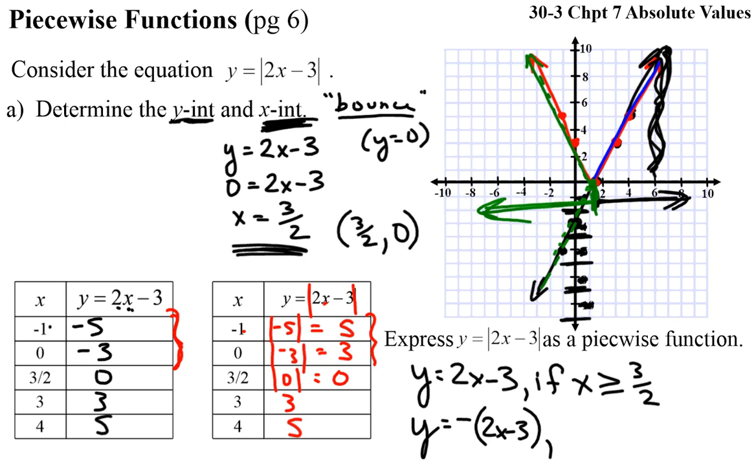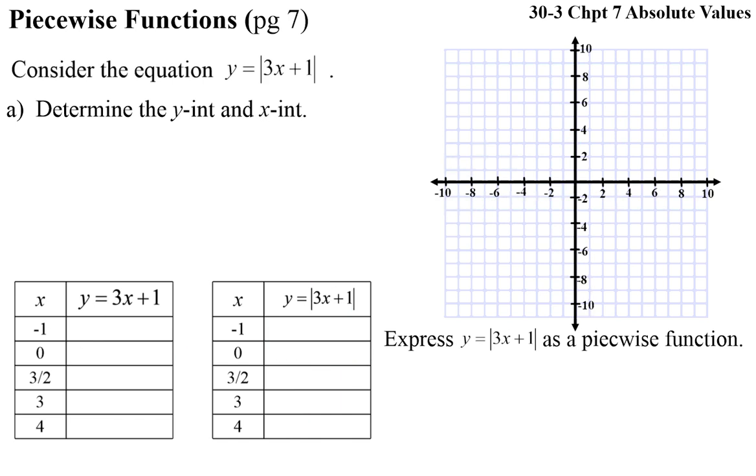So y equaled the negative of 2x minus 3, where x was less than 3 halves. Take note that we always put the inclusion greater than or equal to for the main part of the graph, not the absolute. But there's the piecewise. We can see the original, see the resultant, and go from there.